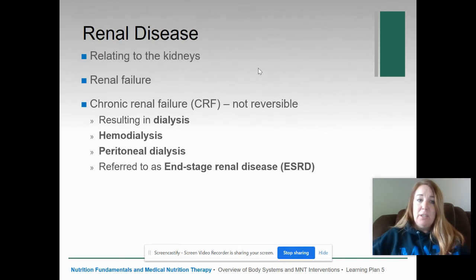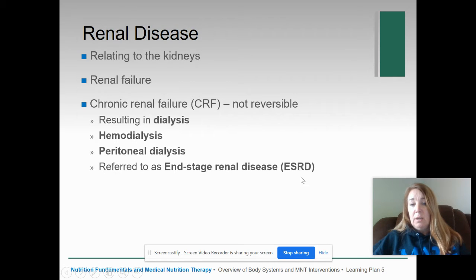The next section is renal disease, and you all know from medical terminology that renal means kidney disease or relating to the kidneys. We have CRF, or chronic renal failure. You might also see that as ESRD, which I have right here highlighted, end-stage renal disease.